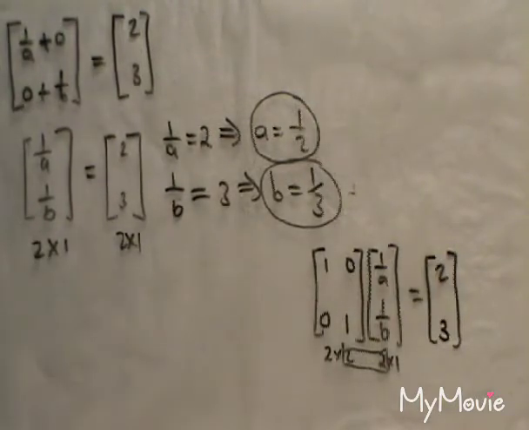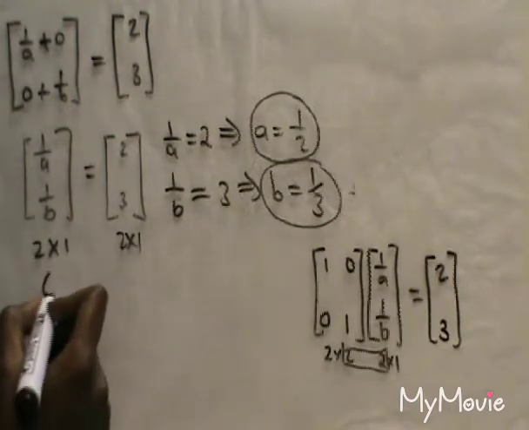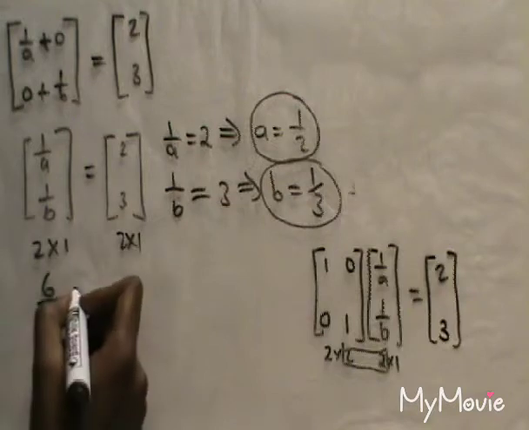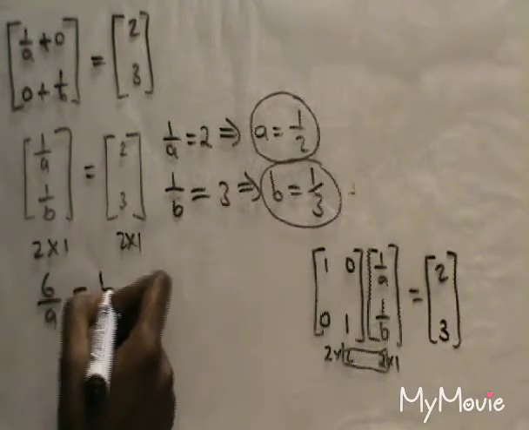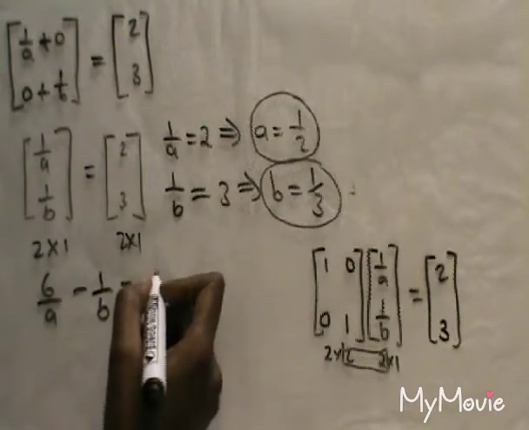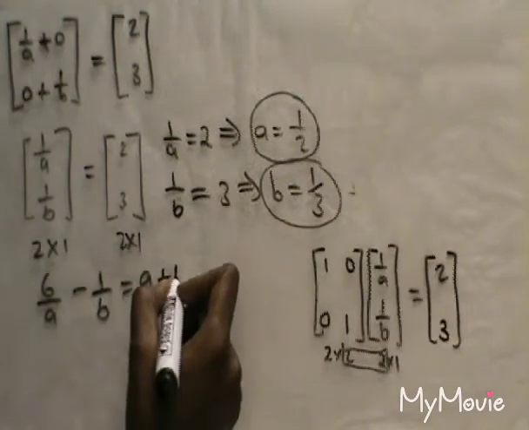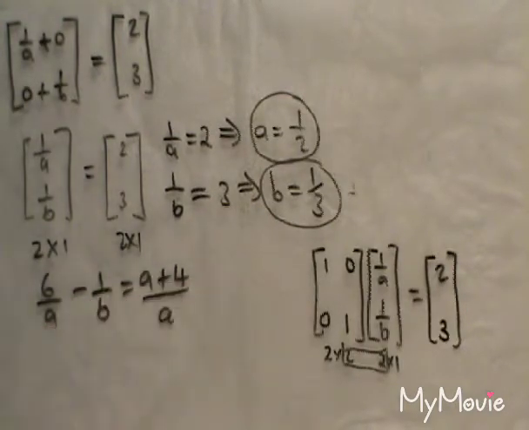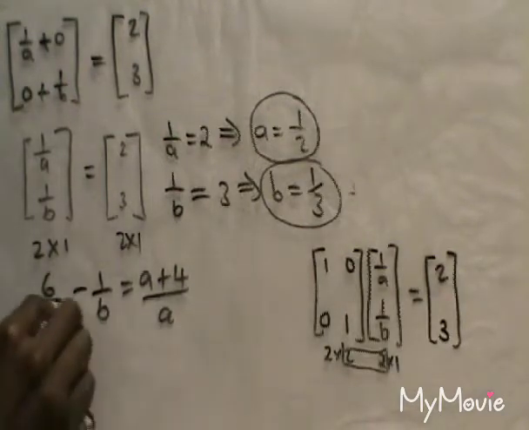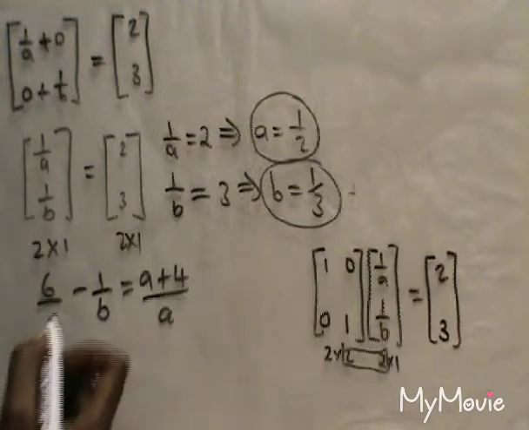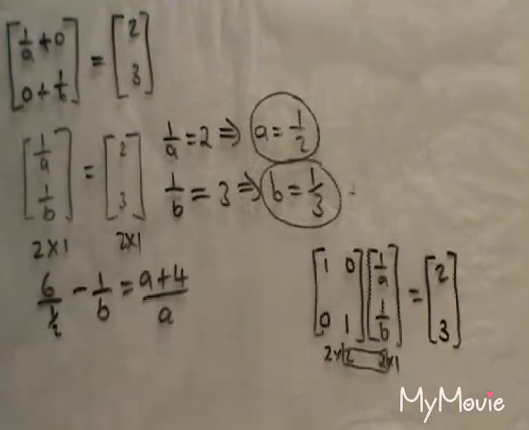Then you also need to try it in the second equation. The second equation said 6 over A minus 1 over B is equal to A plus 4 over A. So again we will substitute the values of A and B. A here is half, so it's 6 divided by half.